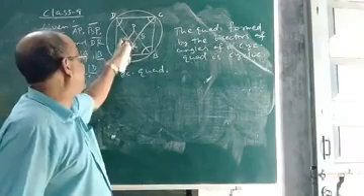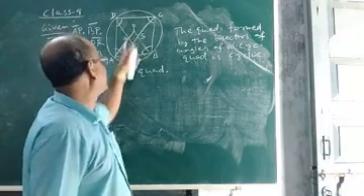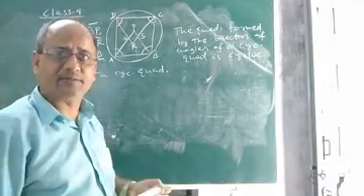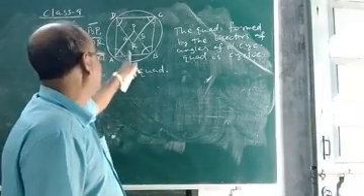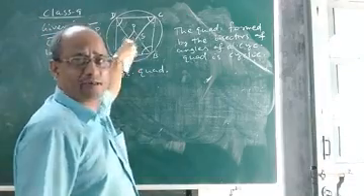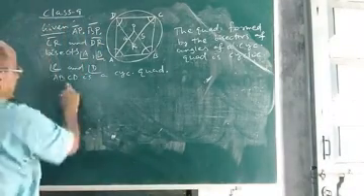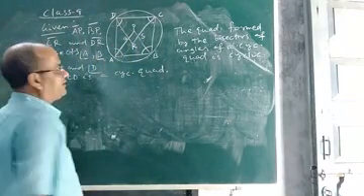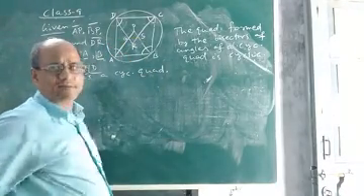PQRS is the quadrilateral which is formed by the bisectors AP, BP, CR and DR of the four angles of the cyclic quadrilateral ABCD. ABCD is a cyclic quadrilateral, it is given. You have to prove that this PQRS is cyclic. How to prove? These are the bisectors of angles B, C and D. Now, how will we prove that PQRS is a cyclic quadrilateral?